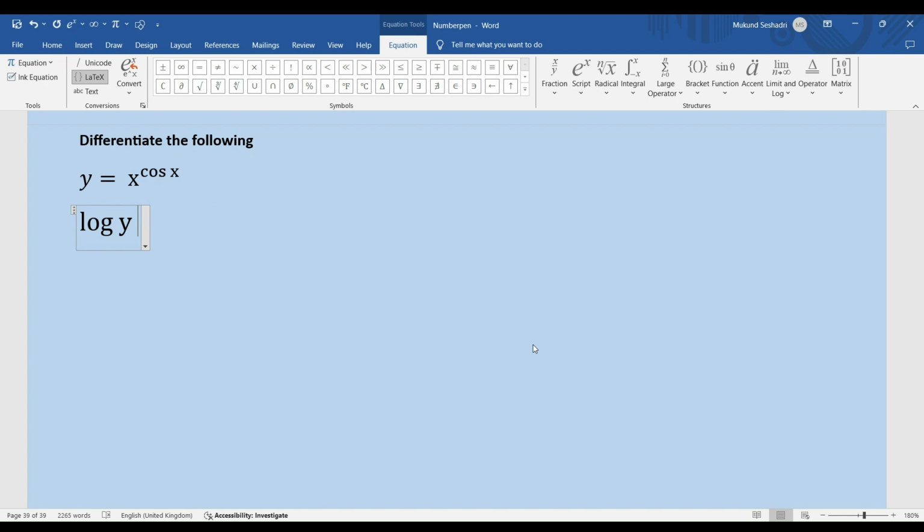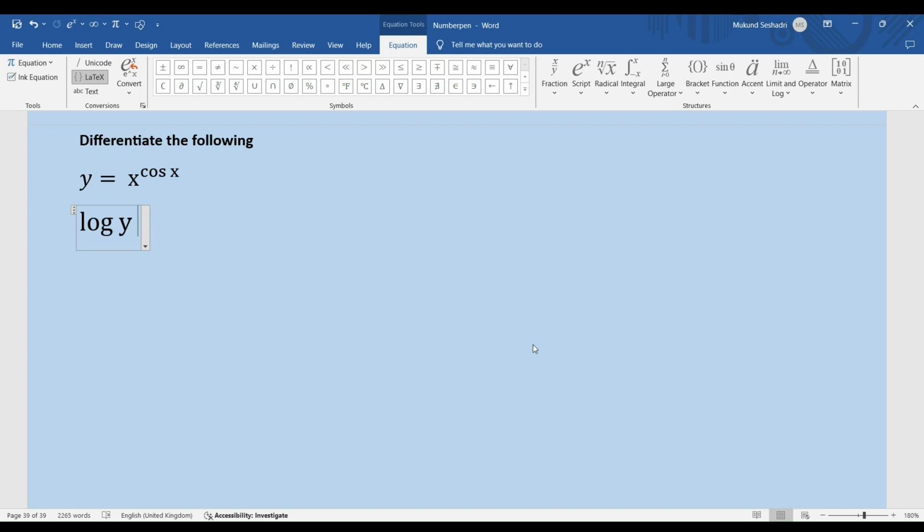So far we saw problems based on chain rule where we make an appropriate substitution and then apply the chain rule to arrive at a final answer. In this video and in some of the other videos that are to follow, we will solve problems by taking logarithms on either side. And let's see how we are going to solve this particular problem, right?